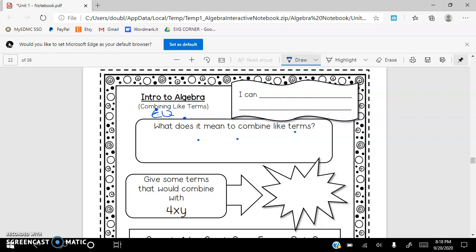So combining like terms is a mathematical process used to simplify an expression.